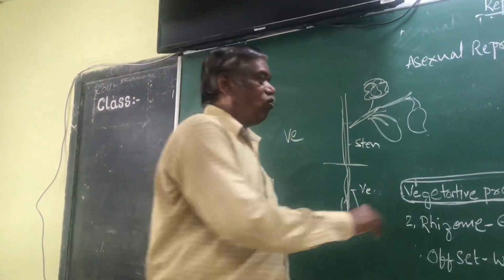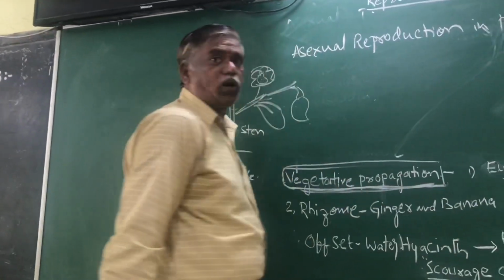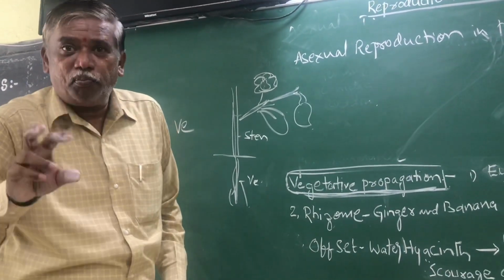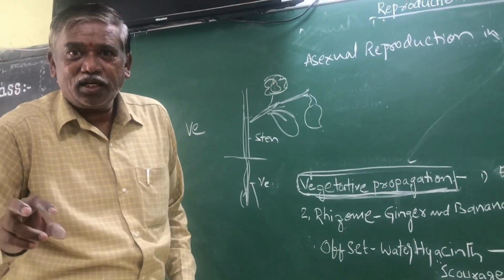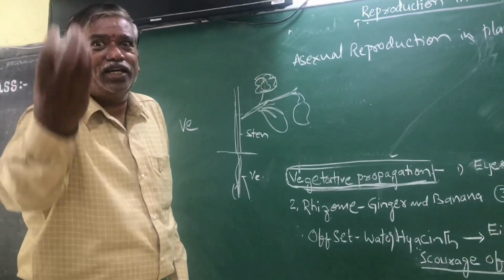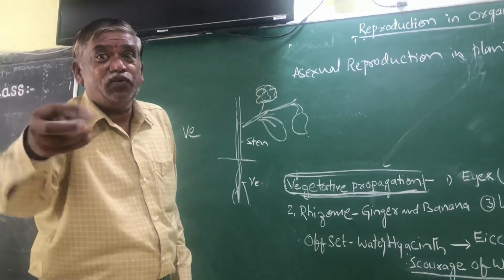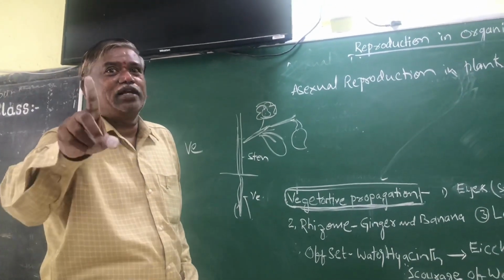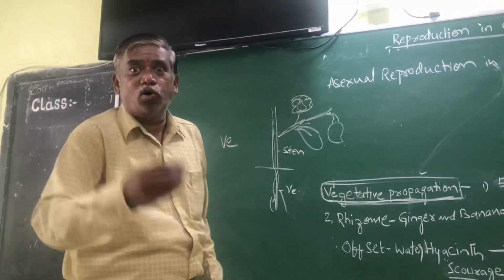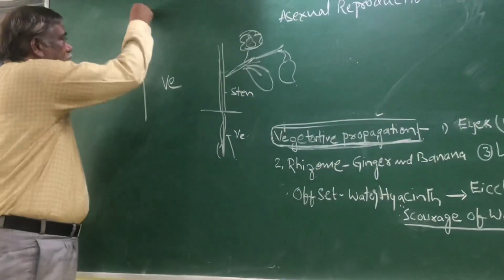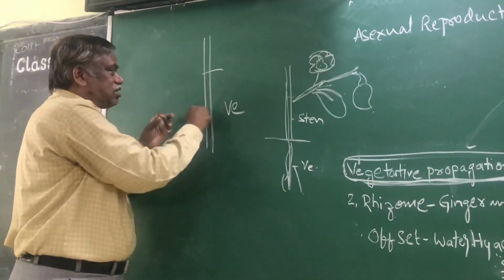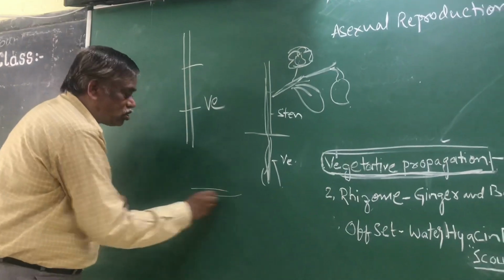Now come to it. What is this? Vegetative propagation. In plants, if a plant originates from a seed, the farmer cultivates the seed and gets the plant. That is sexual reproduction. Now in some cases, like sugar cane and ginger, you can cut the stem and keep it in the soil.